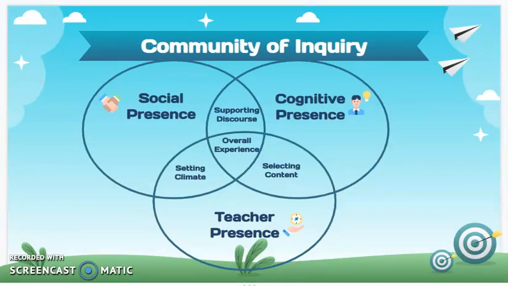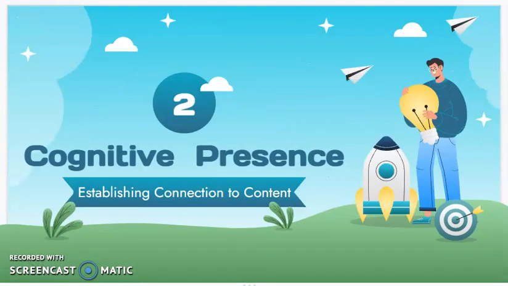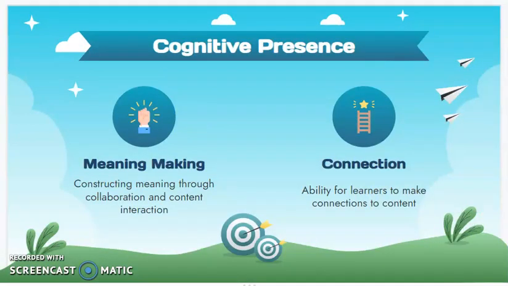The next element within the community of inquiry framework we will be discussing is the cognitive presence. The second element is the cognitive presence, which will establish the connections that students need to the content that they are learning. Within the cognitive presence, learners are able to interact in a meaningful way with the content that is being taught.